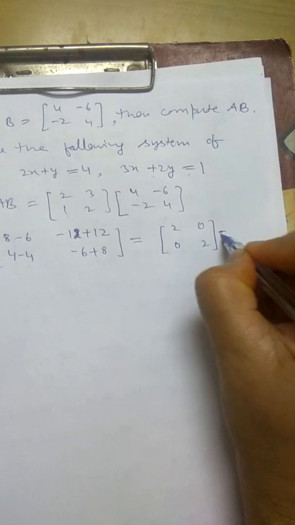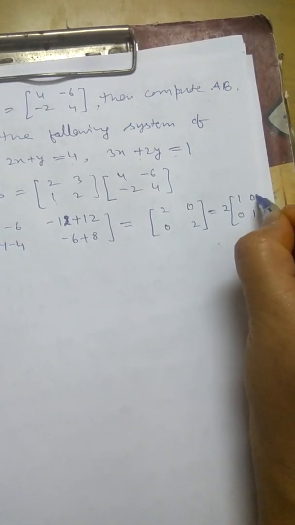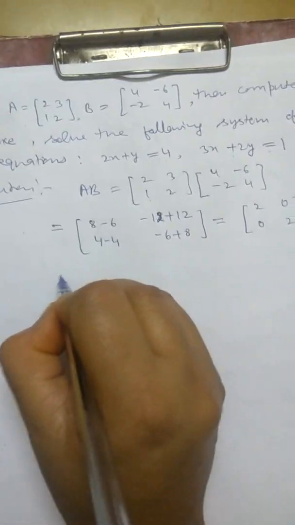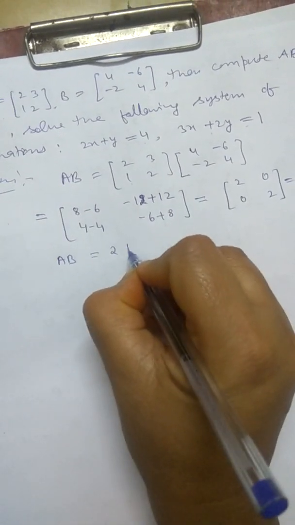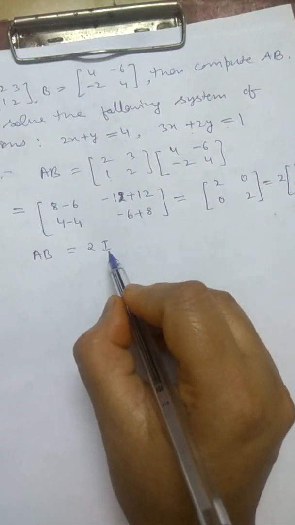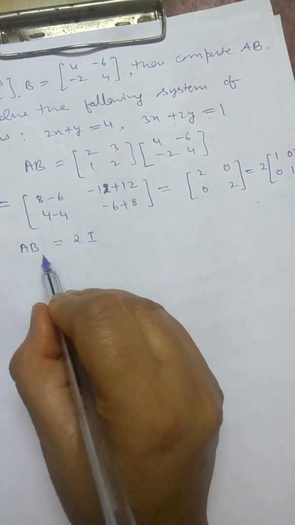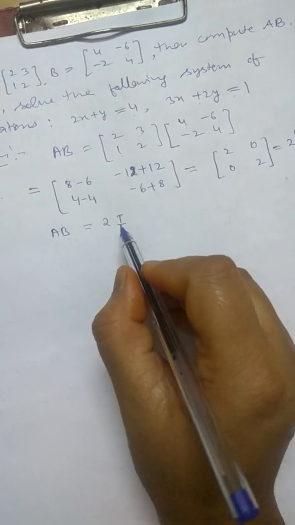We can write this as 2 into [1, 0; 0, 1]. And now AB is equal to 2I, because [1, 0; 0, 1] is the identity matrix, and therefore we have AB equal to 2I.